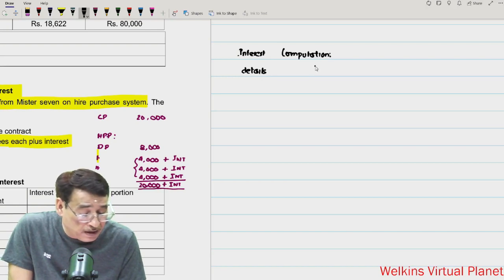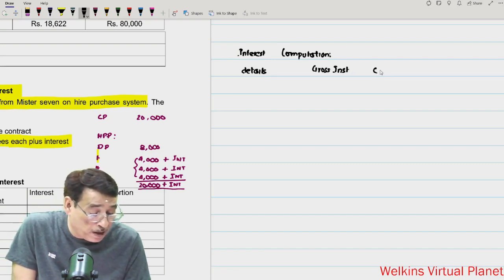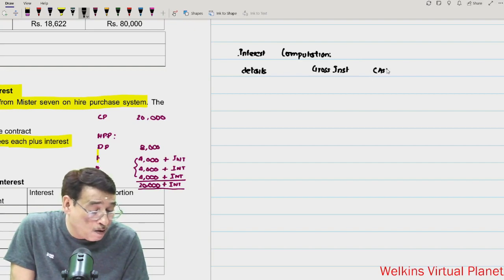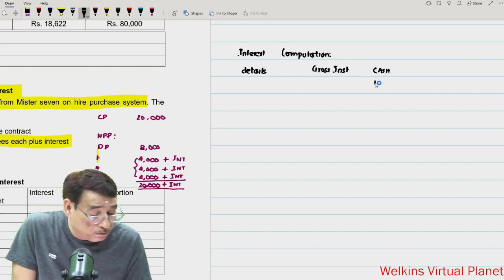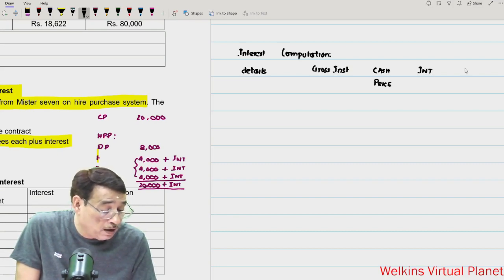Then it is better to make a column of gross installment also: gross installment, cash price, then interest, and then cash price portion.